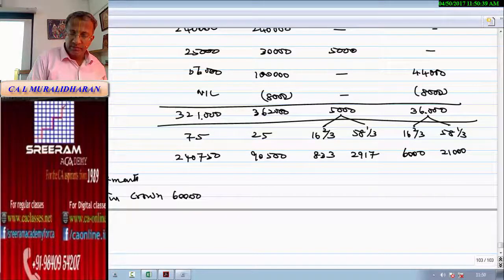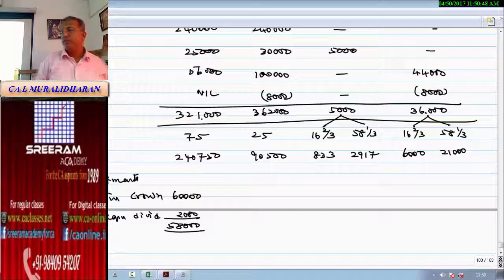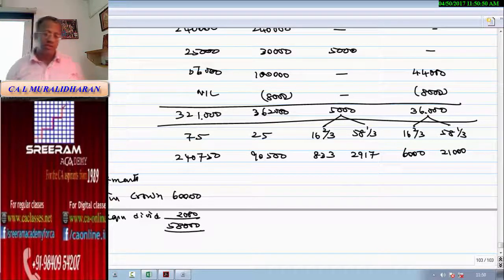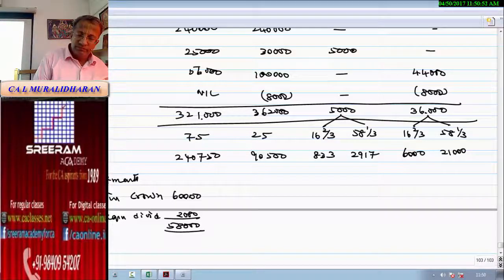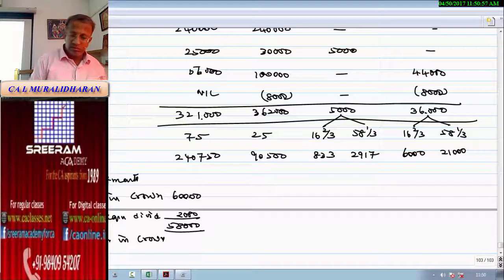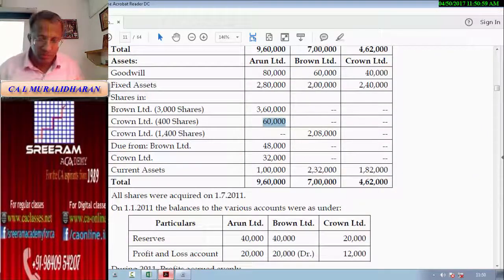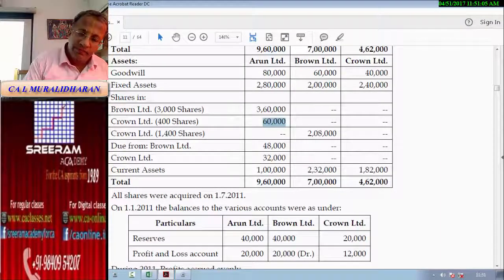Less pre-acquisition dividend. How much is that? Is it 2,000? 2,000. Right. Brown in Crown: 3 lakh, sorry, 2,08,000, less pre-acquisition dividend. How much is that we should consider as a pre-acquisition dividend?